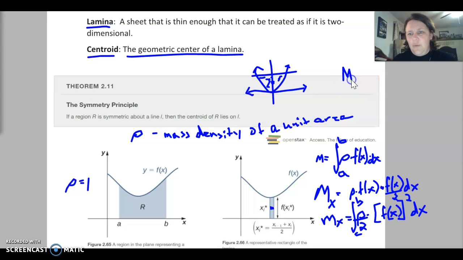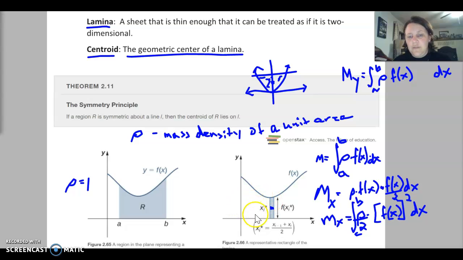Then for m sub y, the moment in terms of the y-axis, it is going to be the same thing: the integral from a to b of rho times f of x, and we still have the dx in there. So I'm starting off with the mass unit here, the mass of the area of each rectangular shape. So that's our mass, and then we need to multiply it by the position. Well, this position now is in terms of the y-axis.